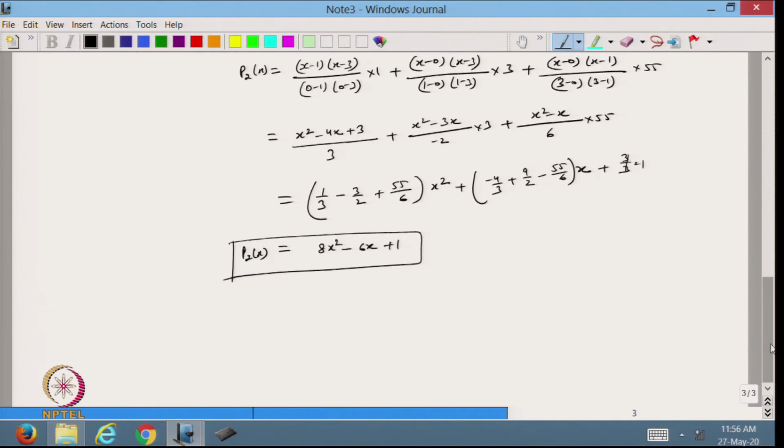Now, this we have done with the help of Lagrange. So, let us do the next one. Case 2. In case 2 I will use Newton's divided difference.